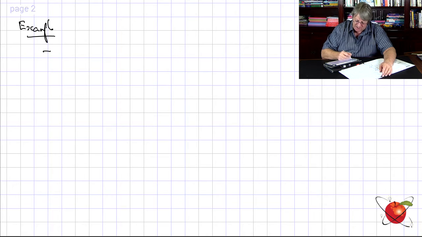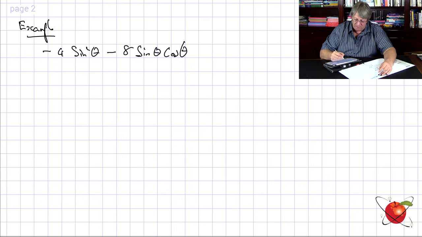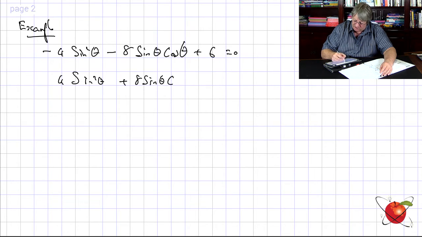Example: minus 4 sine squared theta minus 8 sine theta cos theta plus 6 equals 0. First thing, change the sign. So it's 4 sine squared theta plus 8 sine theta cos theta minus 6 equals 0.